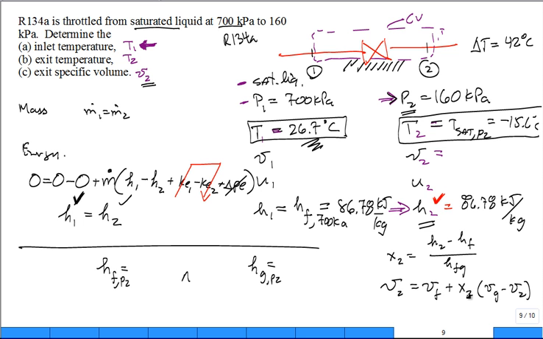You've got to jump back and forth through these calcs. It's two-phase, so I'll get the quality using enthalpy, and now I'll get the specific volume. The specific volume at state 2 is 0.0342 meters cubed per kilogram.